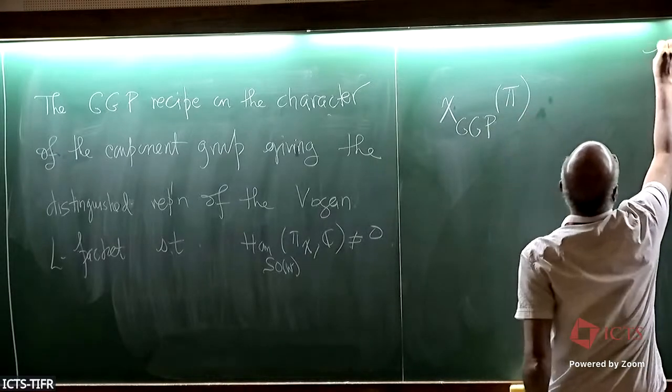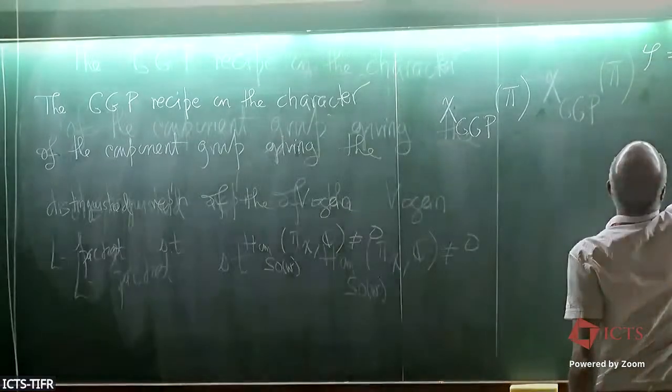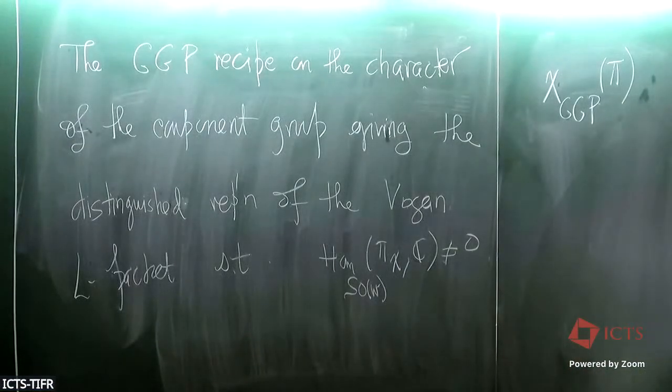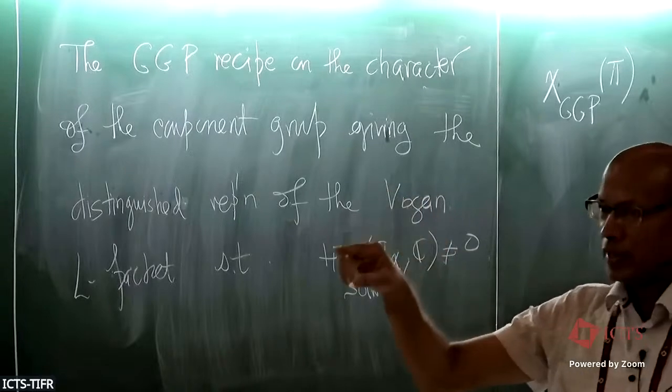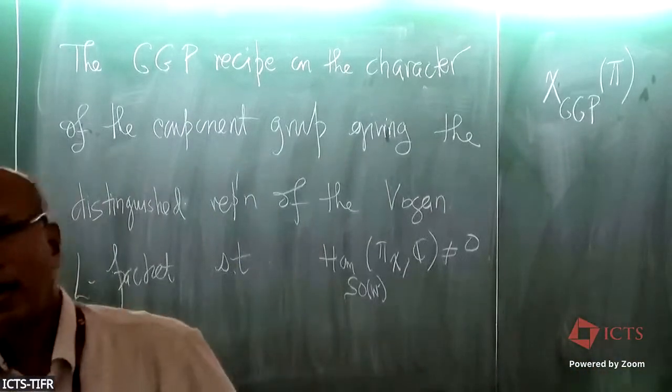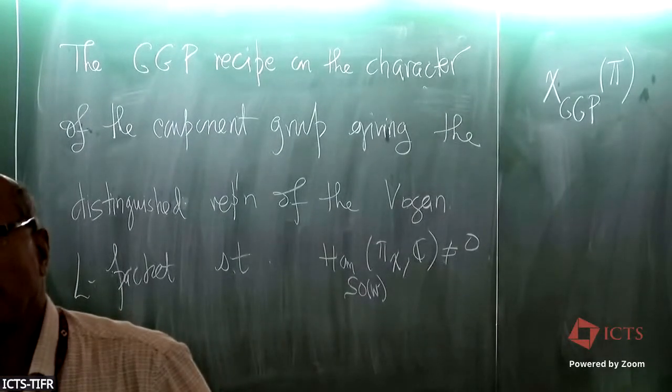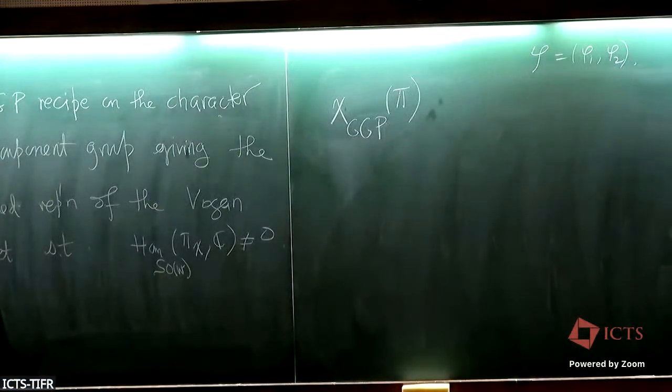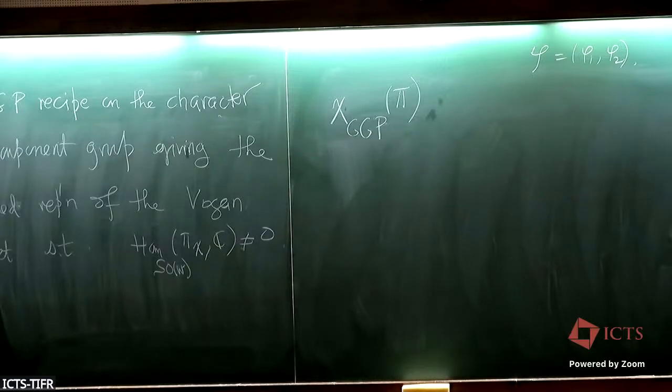So maybe this parameter phi, we can call it phi_1, phi_2. phi is a parameter for G, which is SO(V) cross SO(W). So the L-group for SO(V) cross SO(W) is a symplectic group times an orthogonal group. One of the parameters is symplectic, the other one is orthogonal.